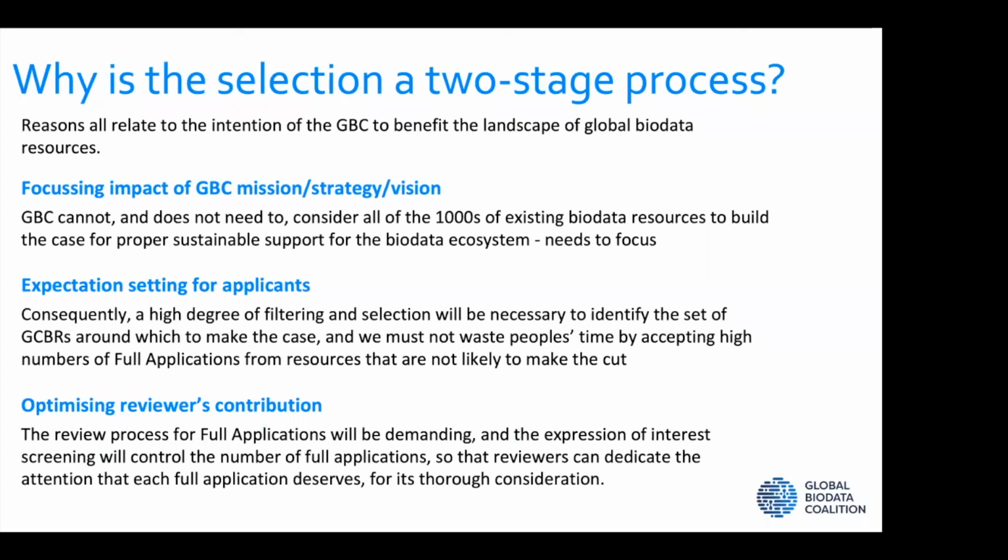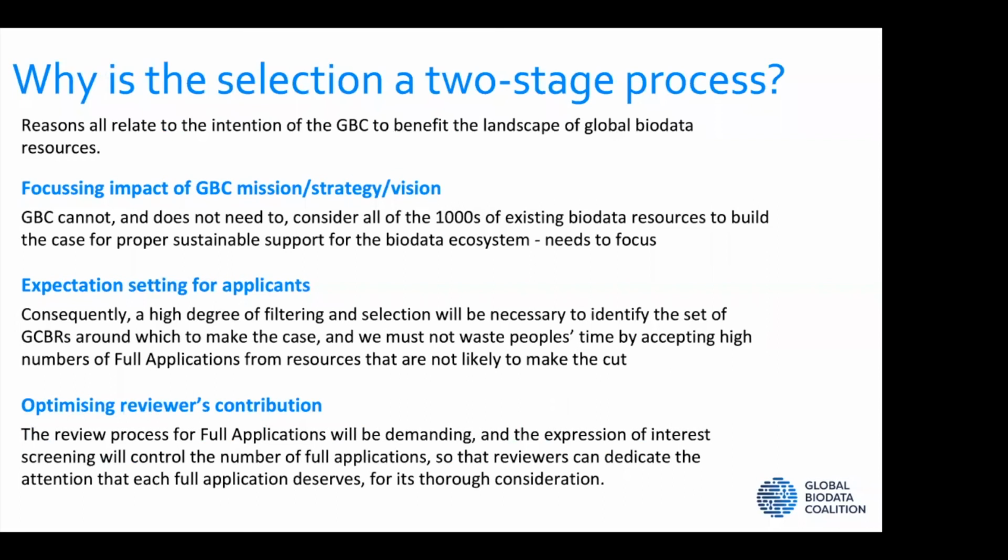As we've said, there are thousands. We don't know exactly how many, but we know there are several thousands at least of biodata resources. We don't need to make the case for proper sustainable support for the biodata ecosystem by studying every single one of those, nor can we. So we want to focus the impact of the Global Biodata Coalition's work in terms of its mission, strategy, and vision.